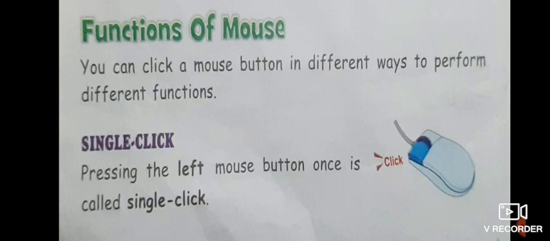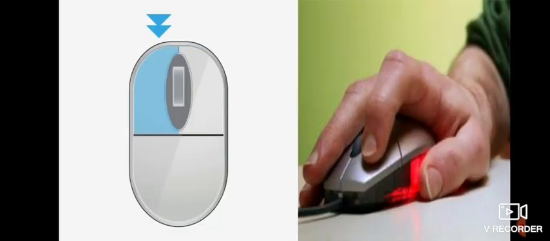Pressing the left mouse button once is called single click. Which mouse button? Left one. And how many times? One time.